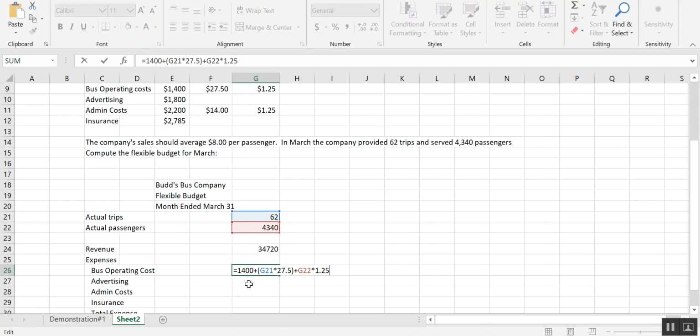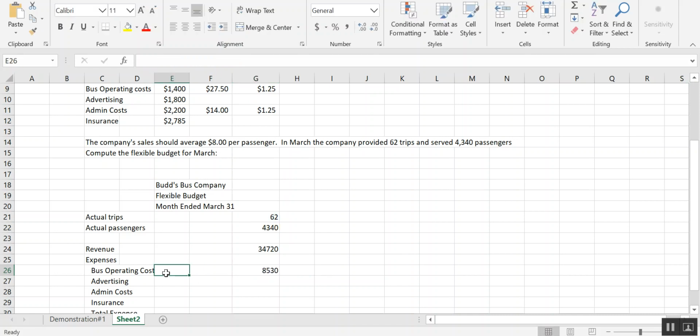I know why. But anyway, I didn't need the second parentheses. What we're doing is we're saying that this formula that they gave us actually would read something like this: 1,400 plus 62 times 27.50 plus 4340 times 1.25.